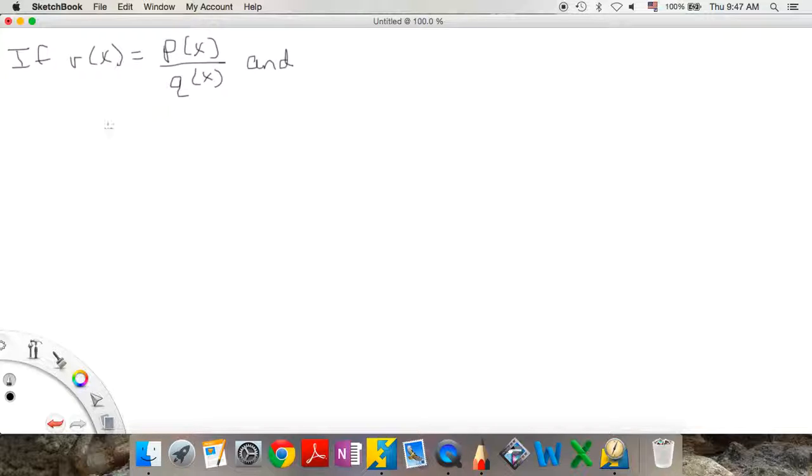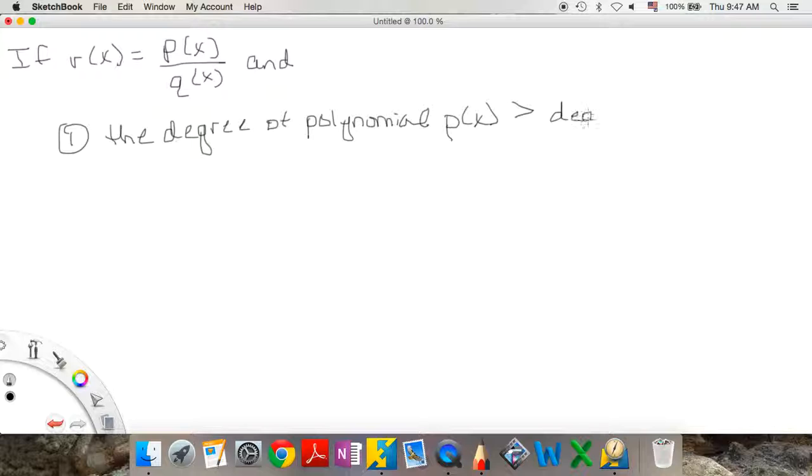let's see, one is the degree of polynomial p of x is greater than the degree of polynomial, these have to be polynomials, so polynomial q of x.